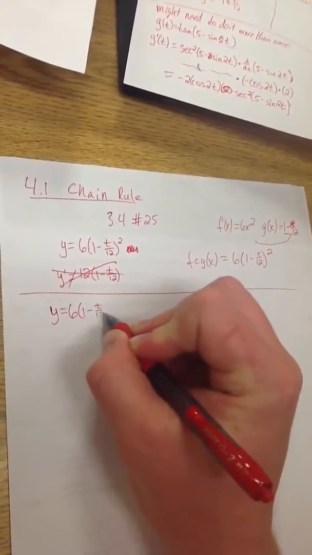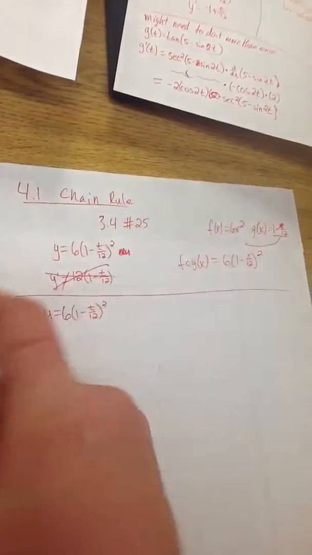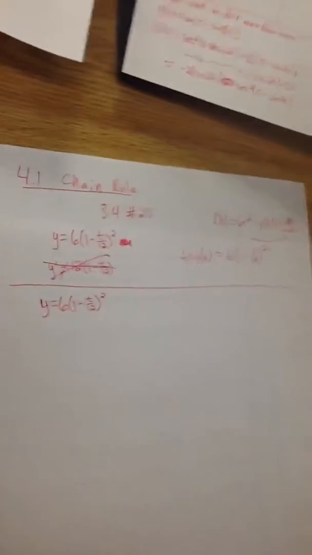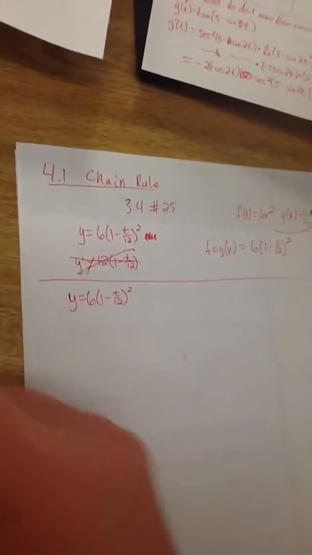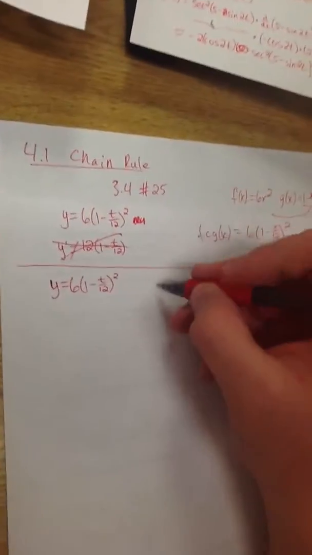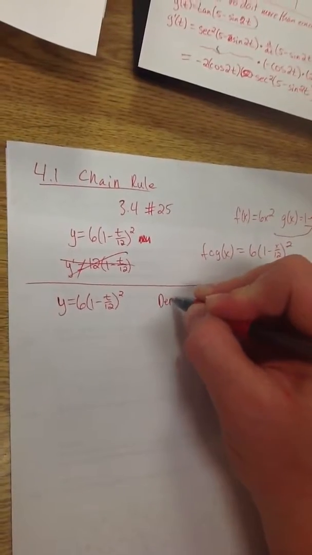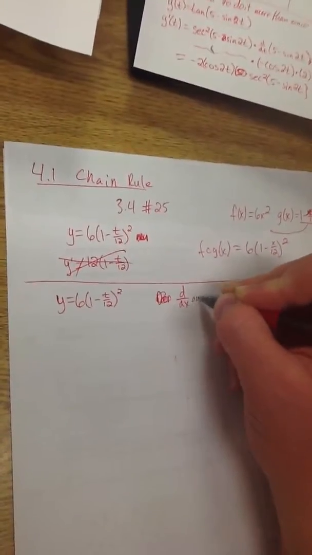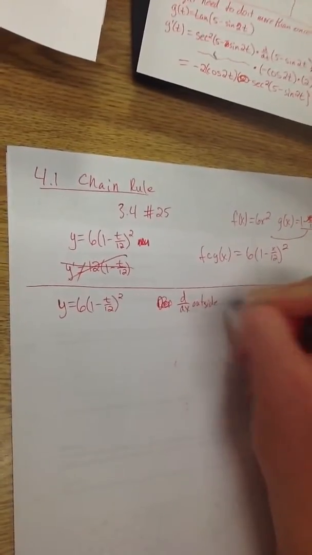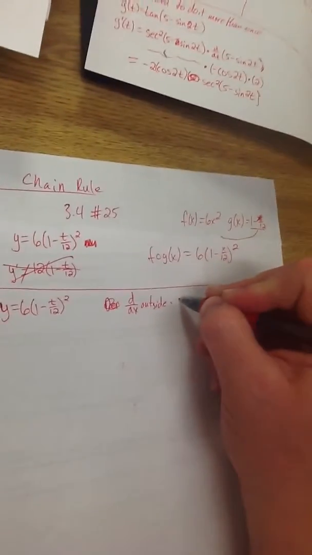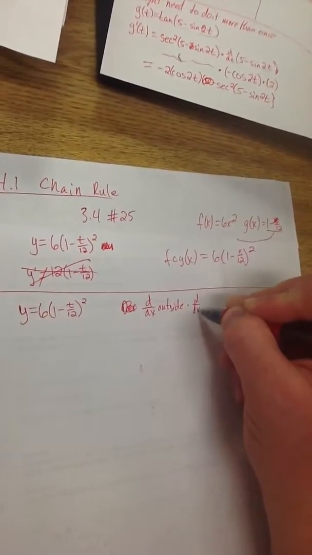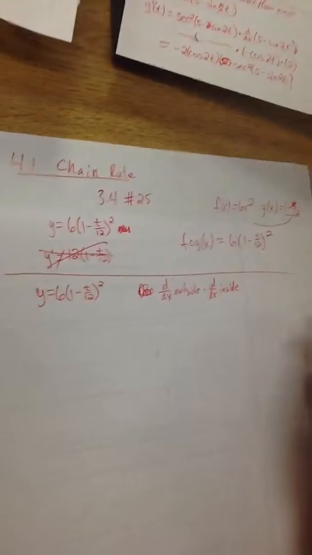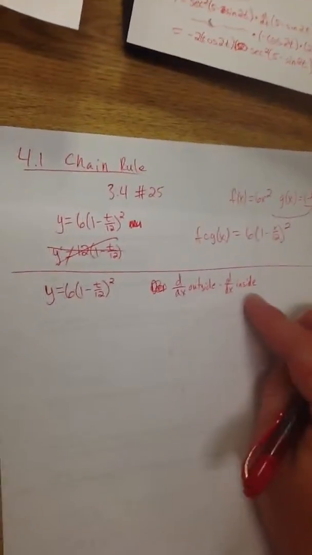Basically what you do is take the derivative of the outside, I'll call it the outside, and then the inside.